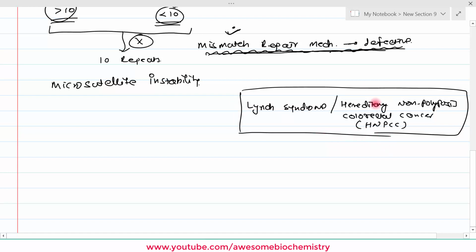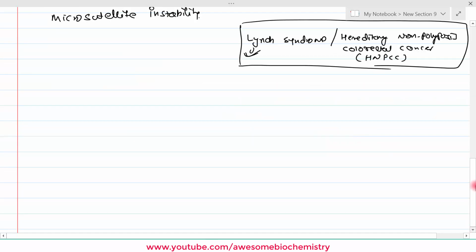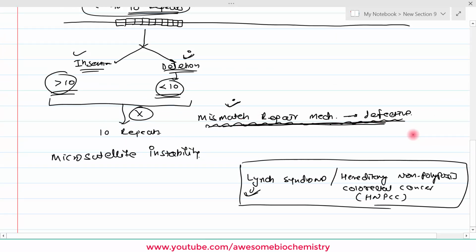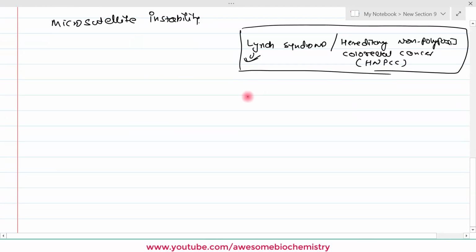To understand this syndrome and how the mismatch repair mechanism is defective, we know that in E. coli there are two important proteins which participate in mismatch repair, MUT-S and MUT-L.